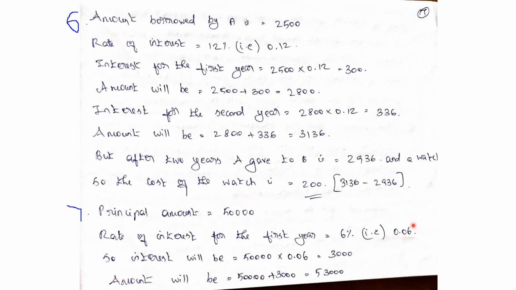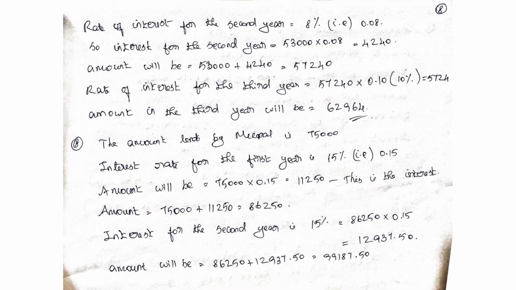So for the first year, 50,000 into 0.06 will get 3,000. That 3,000 plus 50,000 is equal to 53,000. But for the second year, the interest is varying. Rate of interest for the second year is 8%, that is 0.08. So we need to multiply 53,000 into 0.08, we'll get 4,240.